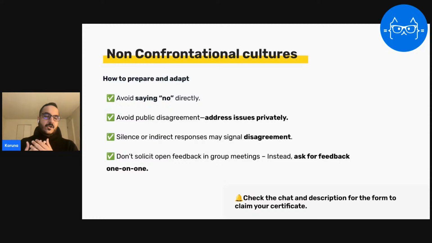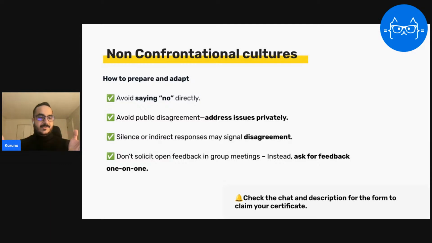Saying no just feels rude almost, right? So in a lot of these cultures, saying a direct no is almost considered unacceptable, right? Public disagreements as well, right? You don't really make a scene in the office. You don't really have serious arguments or disagreements in public. You take that one on one, right?